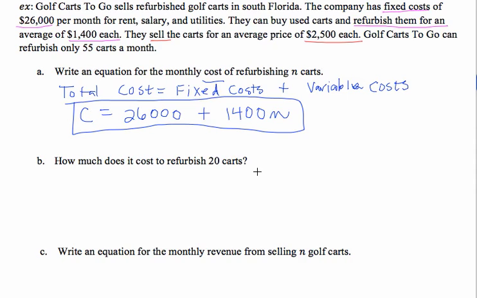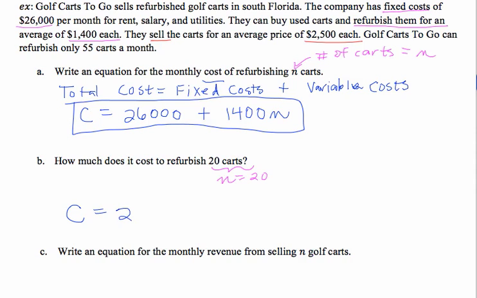Okay, how much does it cost then to refurbish 20 carts? So which variable is 20? Is that C or is that N? Okay, N is the number of carts. You might even want to write that. Number of carts equals N. Okay, so that means N is 20. And we're asking, how much does it cost to refurbish 20 carts? Let's just assume that means in 1 month.